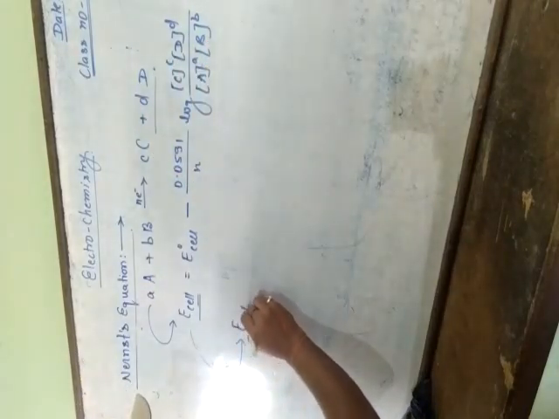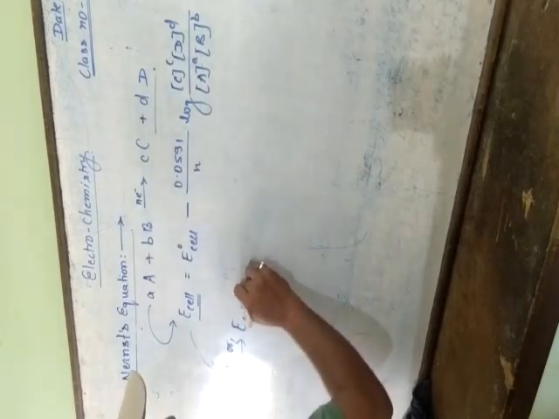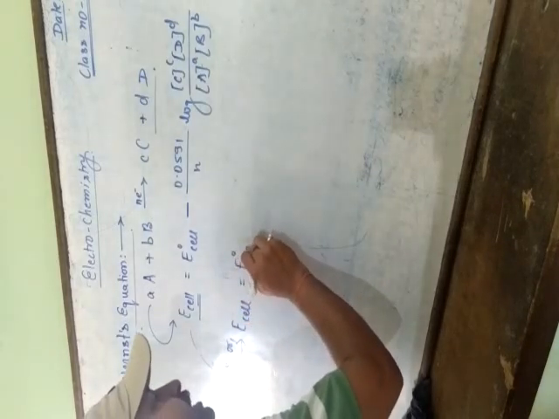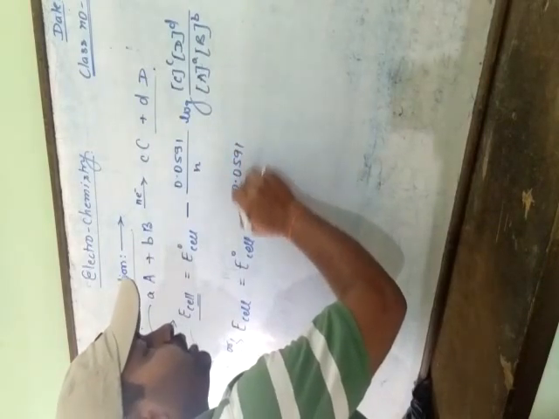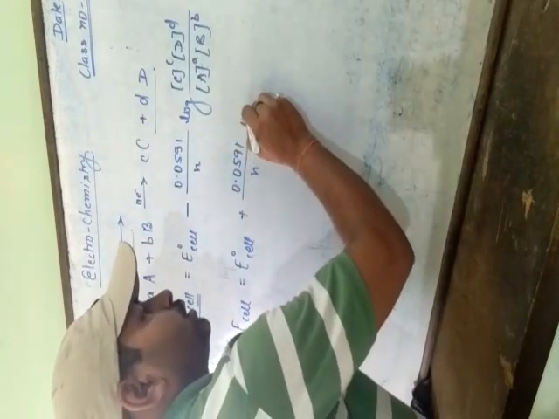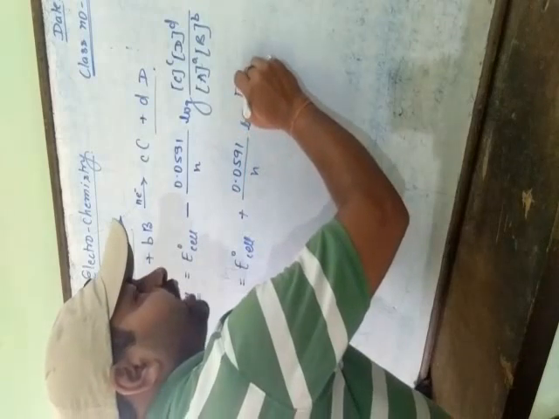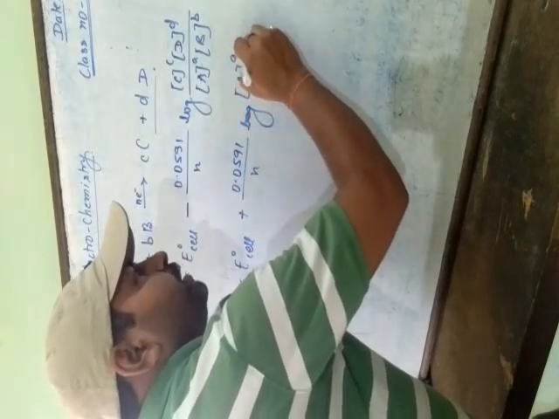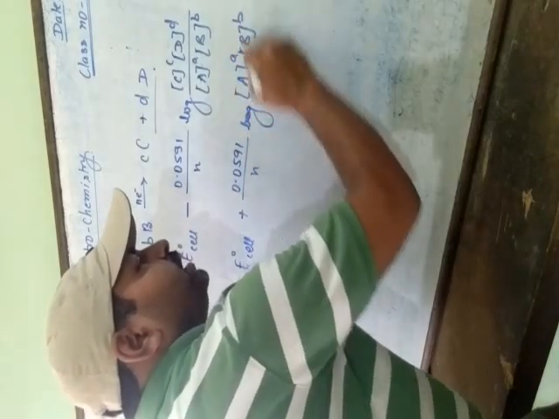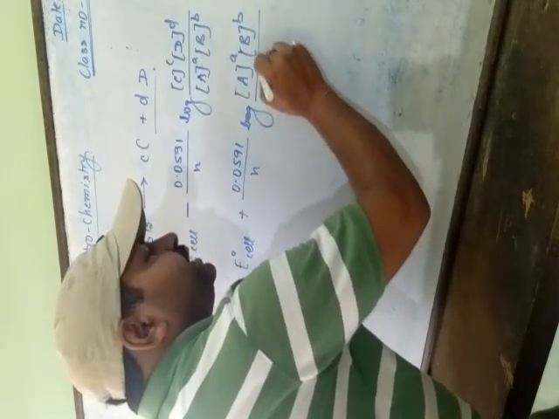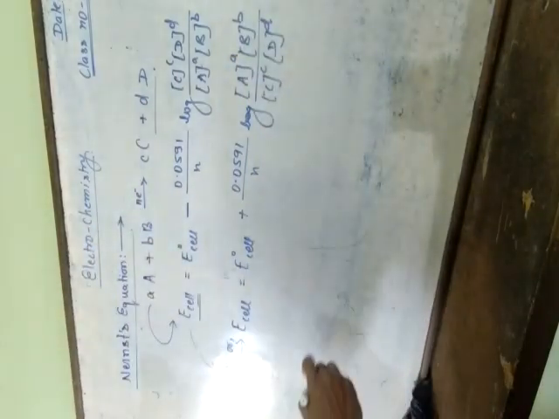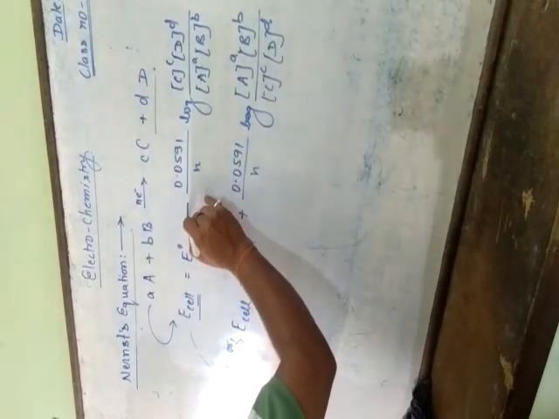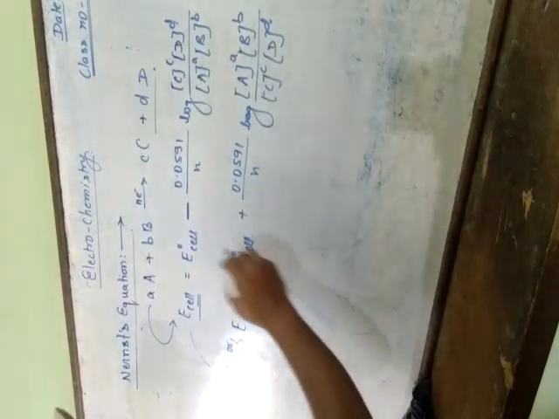Now students, if you write these equations as 0.0591 by n log, then we write A, B, C and D. So students, this sign is very important.